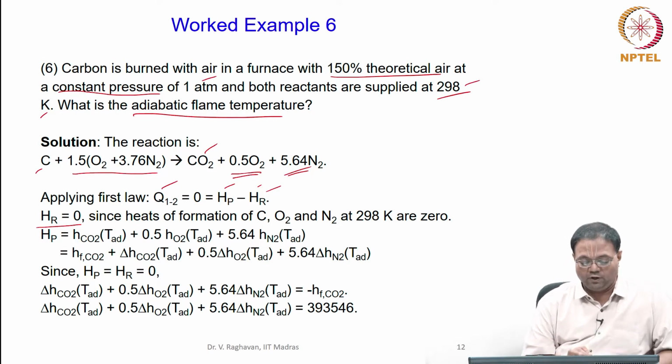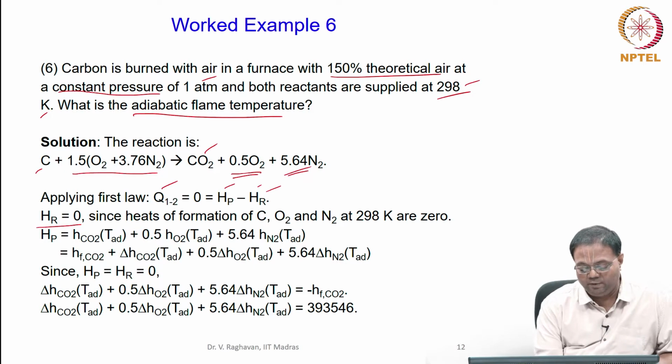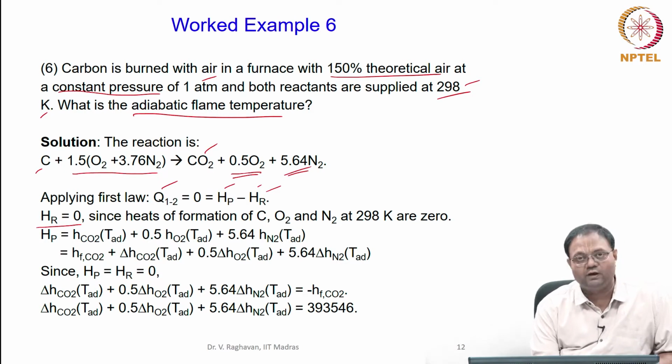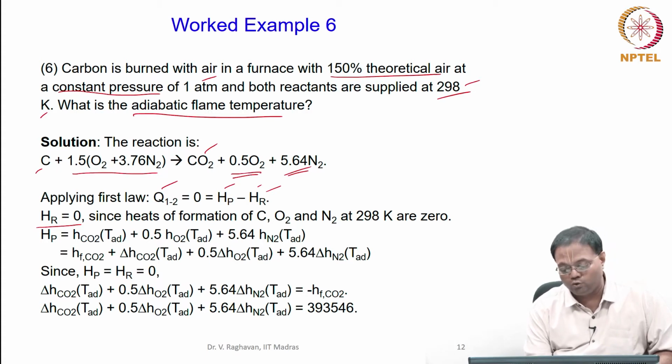Now I can write this splitting into two, the formation and the sensible parts: Hf of CO2 plus delta HCO2 at TAD, plus 0.5, Hf is 0 for O2, so delta HO2 at TAD, plus 5.64 times delta HN2 at TAD.